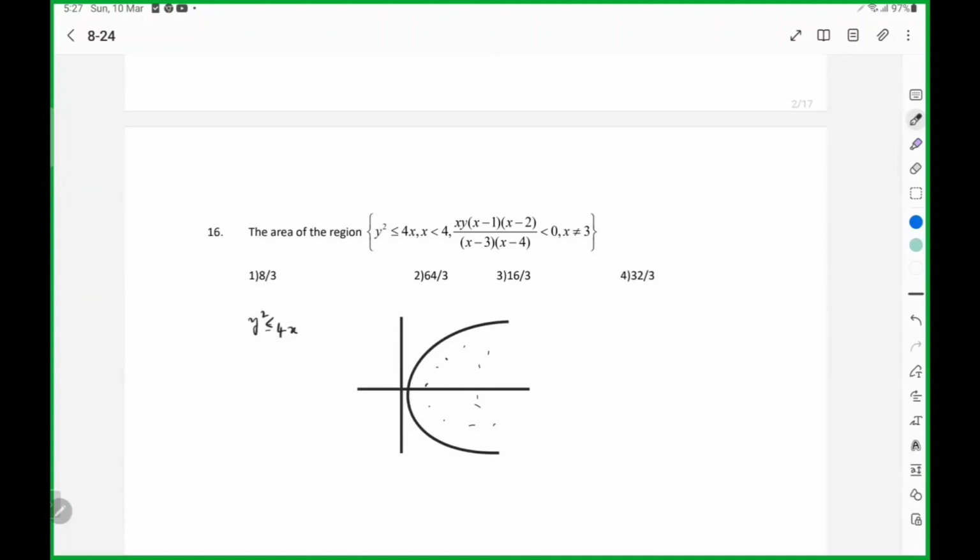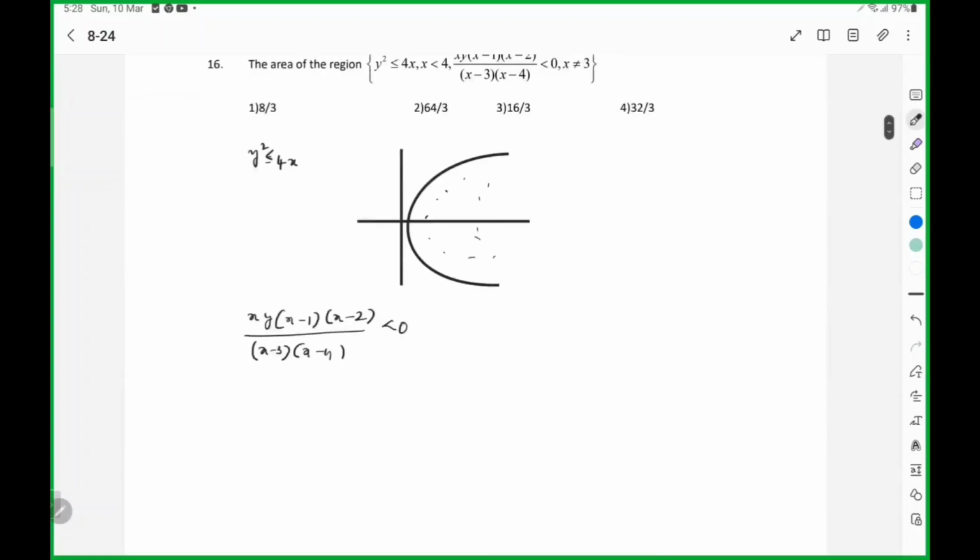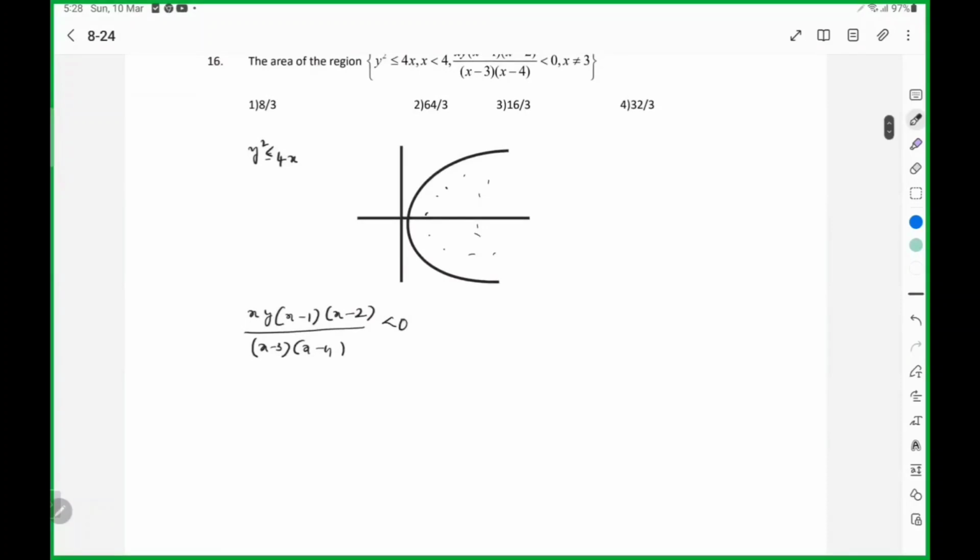So after that, he's given xy, x minus 1, x minus 3 by x minus 4. Here there are two different variables. Assume y greater than 0.